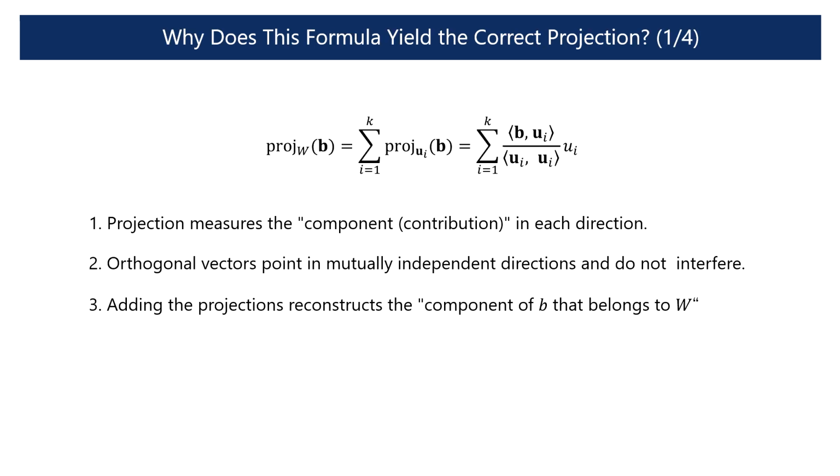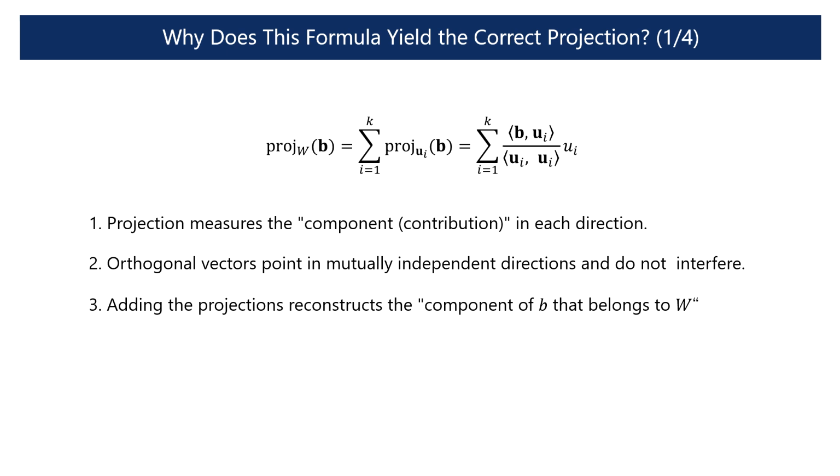So, why does this formula yield a correct projection? The key lies in the relationship between orthogonality of vectors and a vector decomposition into components. We can explain the reason by three key points. First, projection measures the component in each direction.